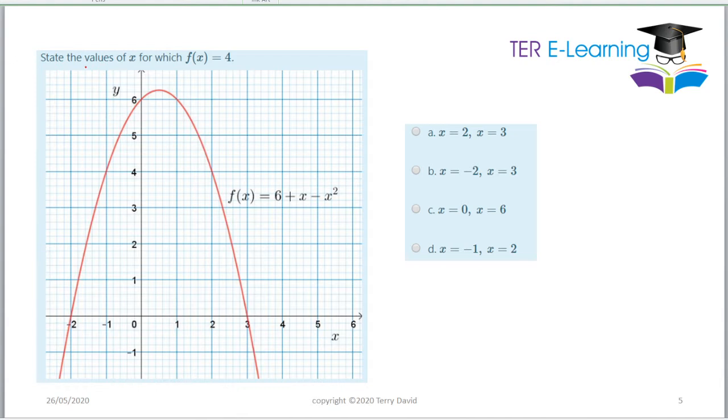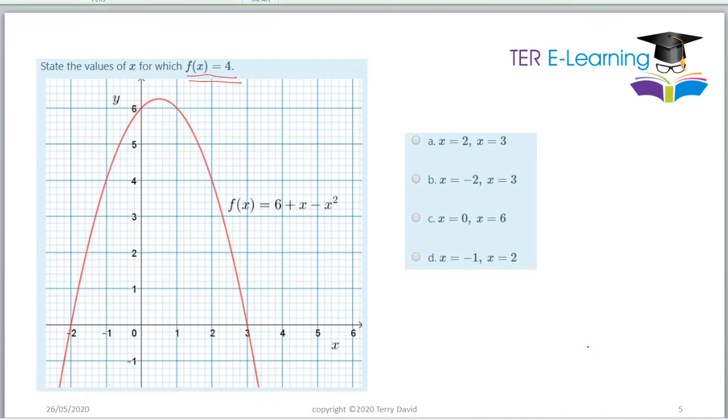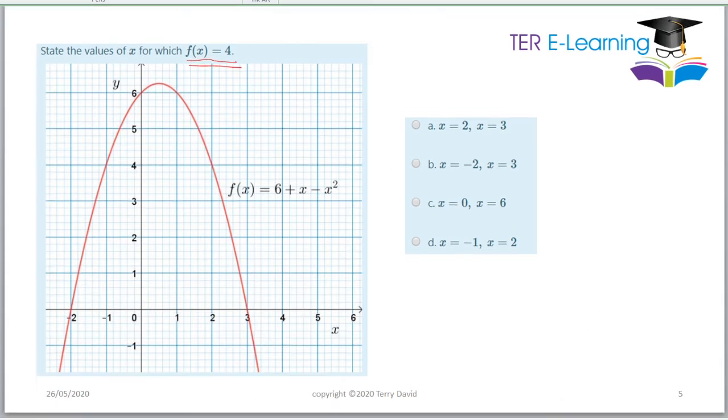State the values of x for which f of x equal to 4, right? So I saw some of you all had some problems with this. Now, before I tell you what the answer is supposed to be, what do you all think is the answer?